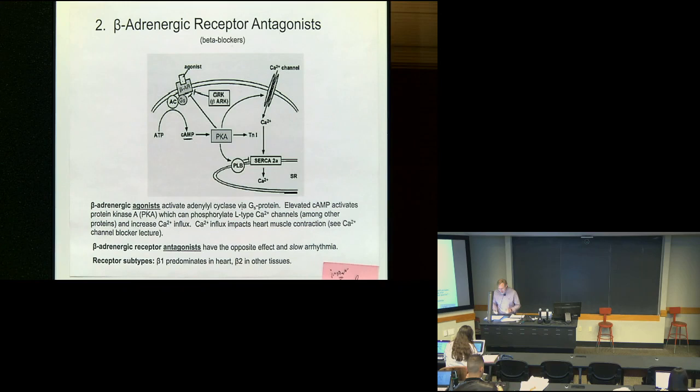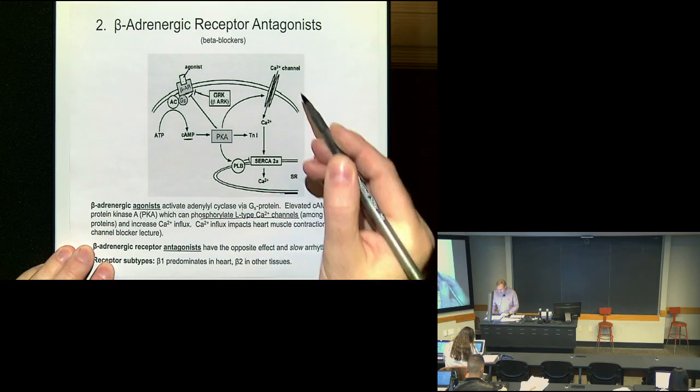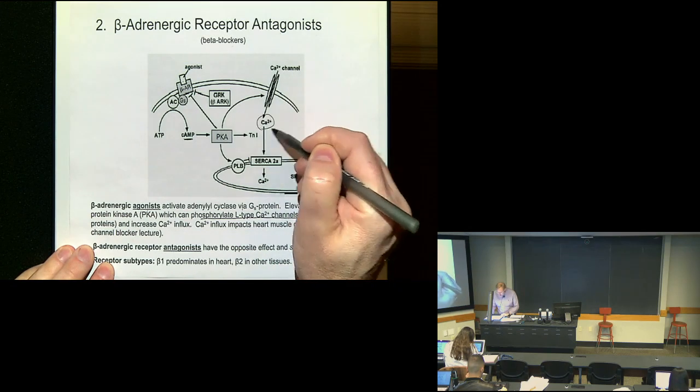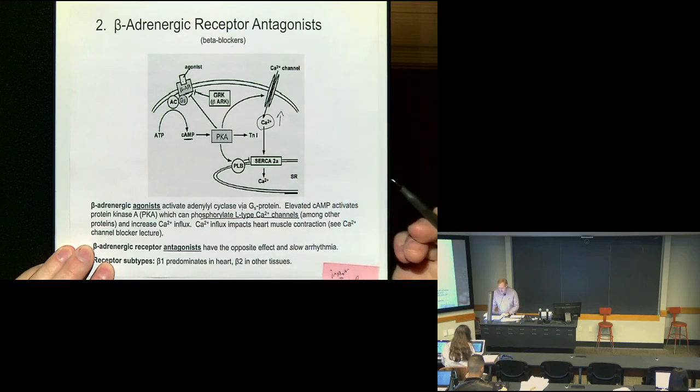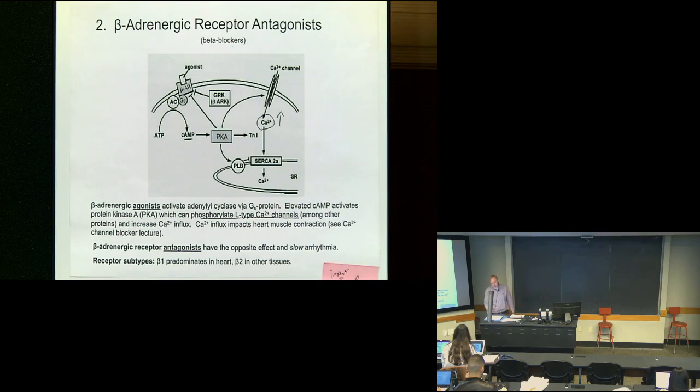This acts as a second messenger, which results downstream in phosphorylation of these L-type calcium ion channels, allowing increased calcium ion to come into the cell. And we saw before in the calcium channel blocker lecture that this calcium influx impacts heart muscle contraction. It can actually increase that contraction because you facilitate the actin-myosin interaction.